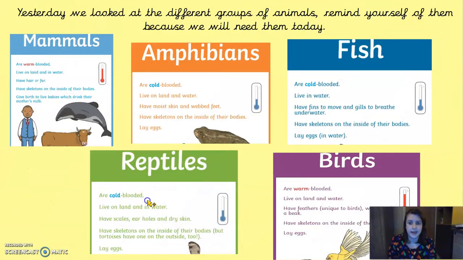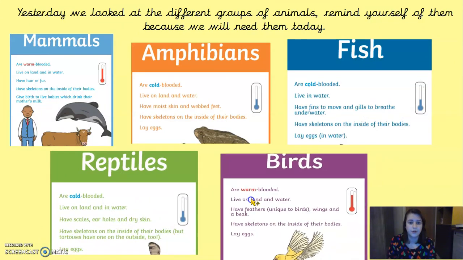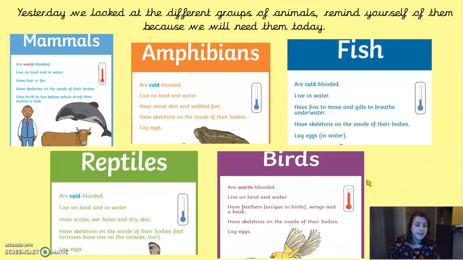So yesterday we looked at all the different groups of animals, and you're going to need these today, and you're going to need their characteristics that you looked at yesterday to be able to classify them, because you need to know a lot about them. So on the screen I've got the five main species. So we've got mammals, amphibians, fish, reptiles and birds, and I know that you looked at some of them in more depth.